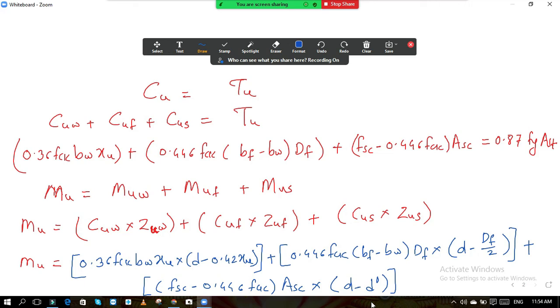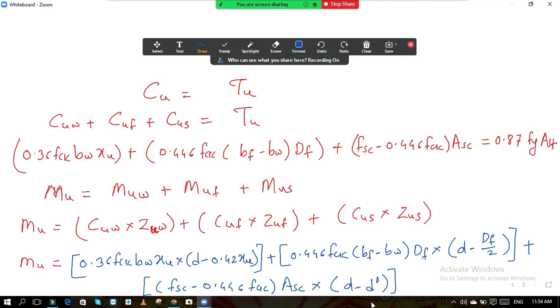I have explained this because the question may be asked in the MCQ, since in the written examination over the last many years they have not asked a single question on flanged doubly reinforced sections. This time MCQ is there, so I explained what it means.